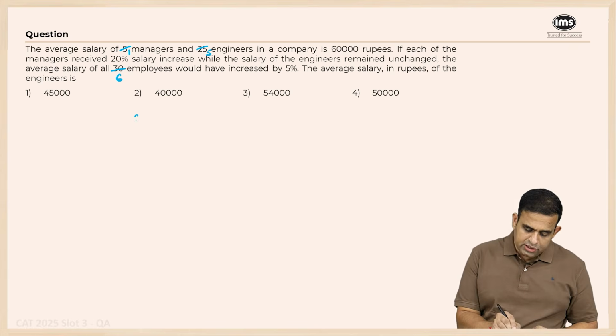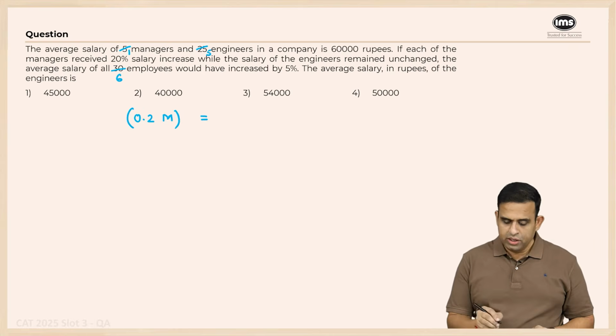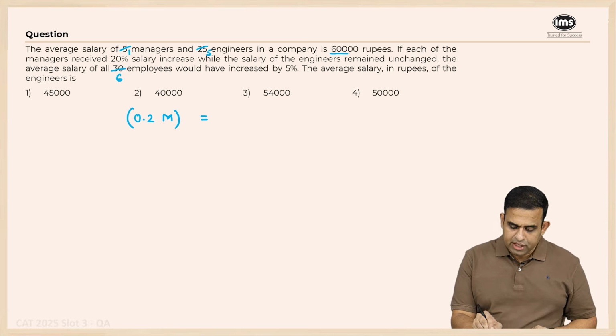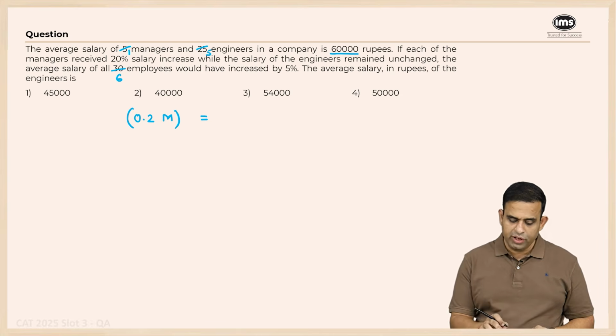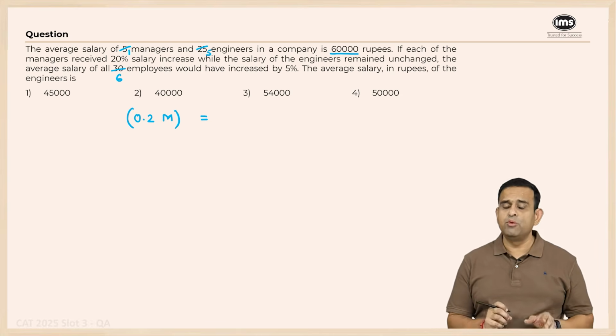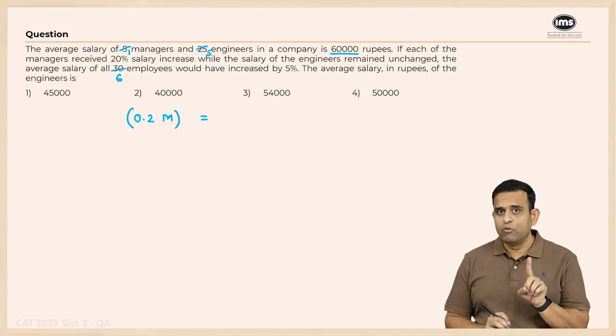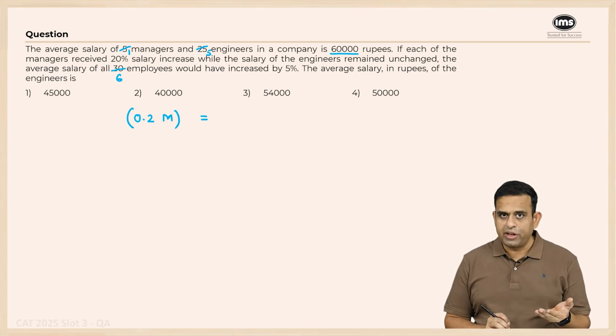It simply means 0.2 times the salary of each manager. And this increase will be of what? If I look at the average, that is 60,000. So an increase of 5% would be 3,000 for one person. The office comprises 6 employees, so it has to be an increase of 3,000 into 6.